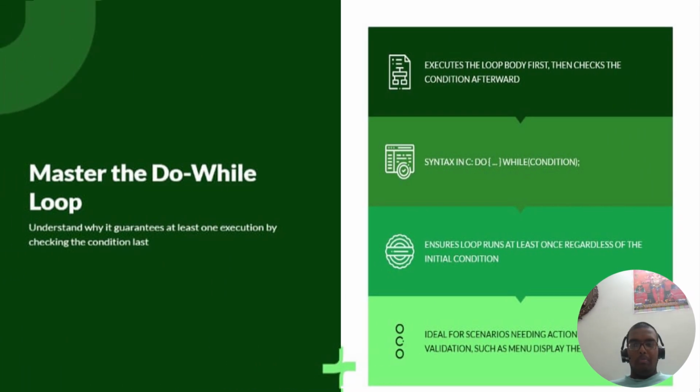Now, do while loop. Do while loop comes under the post-test group. This is similar to while loop, but the condition is tested after it runs the block of program one time.